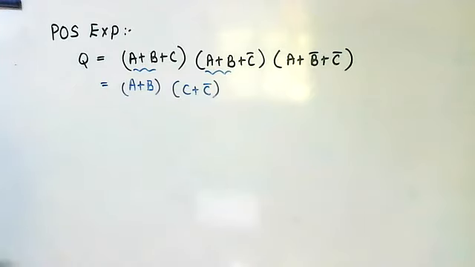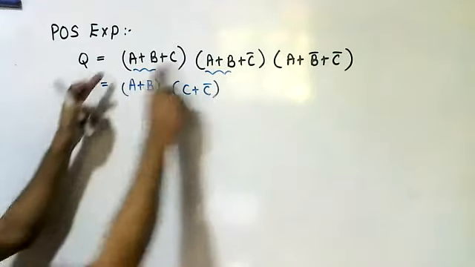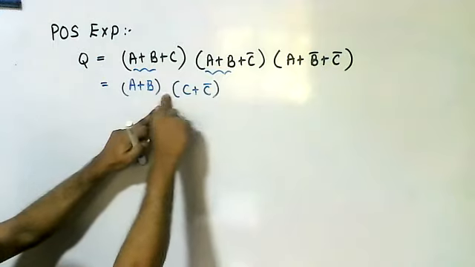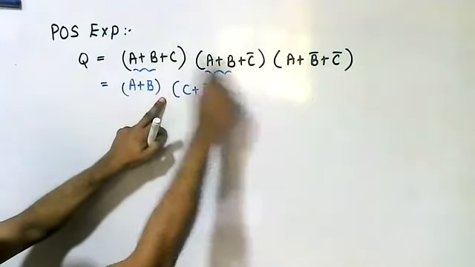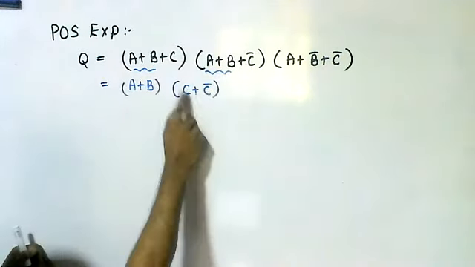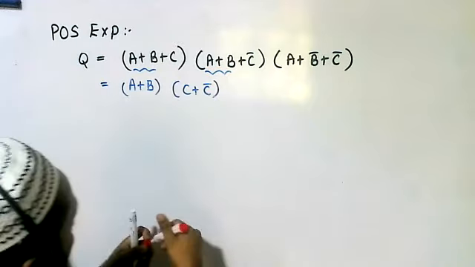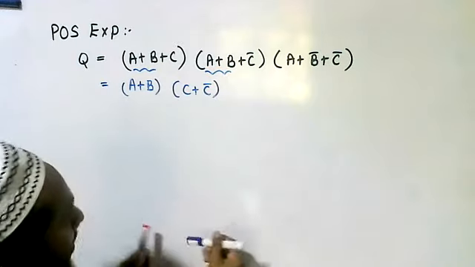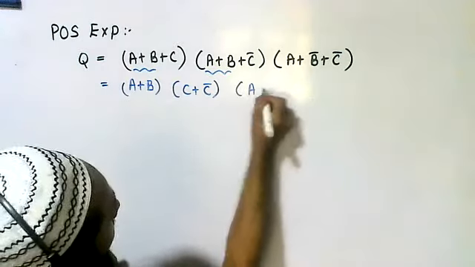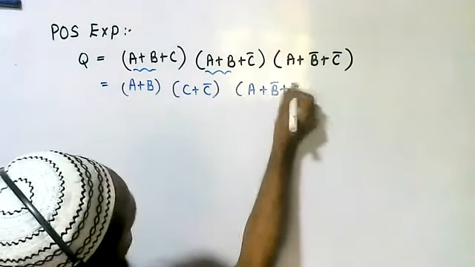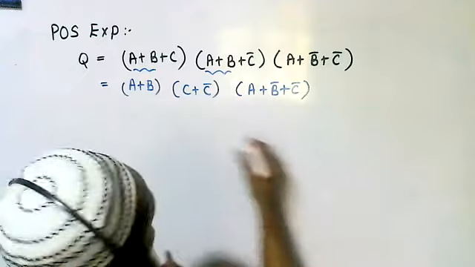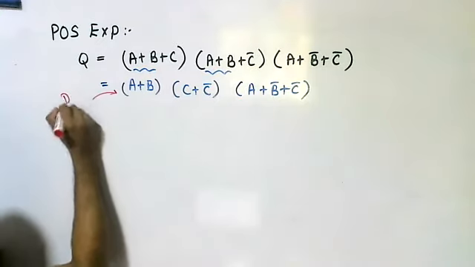So we took A plus B within brackets, C plus C bar, according to the distributive law, and the other term we mention as it is, A plus B bar plus C bar. Here we use the distributive law.